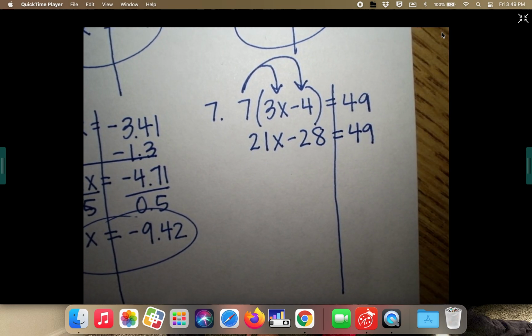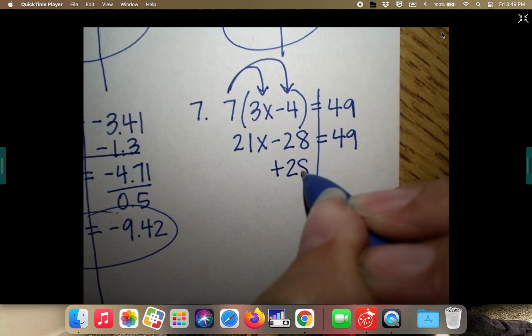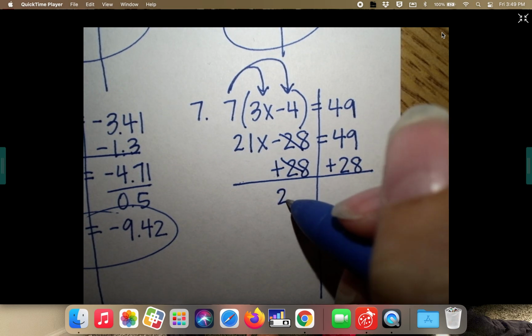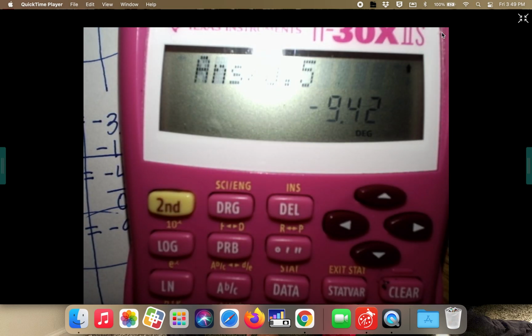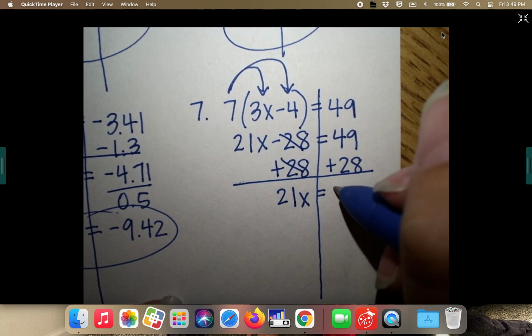Equals 49. All right, yay, it's a basic two-step equation. We can do this. We're going to add 28 on both sides now. 21x equals whatever 49 plus 28 is. 77.